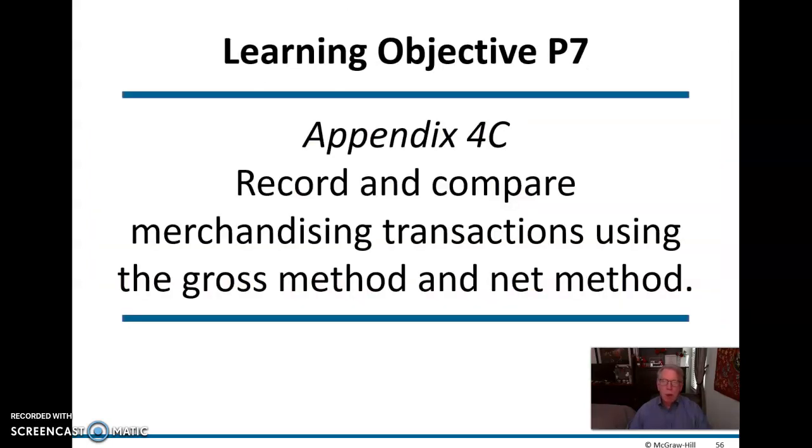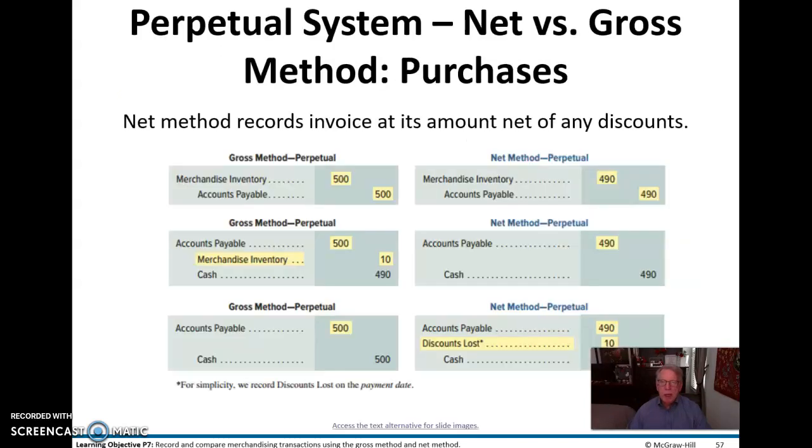Now, gross method and net method. We looked at the gross method in the PowerPoint so far, where we purchased merchandise and then we reflected the purchase discounts as they are earned or incurred.